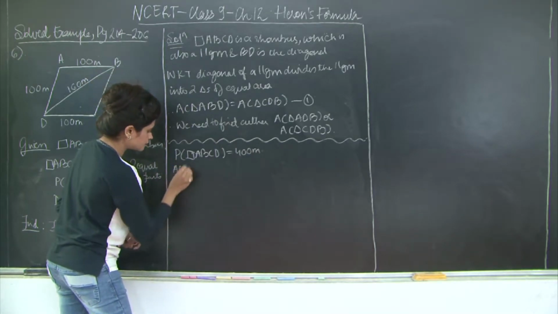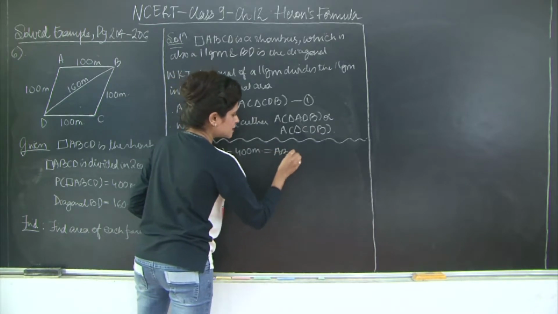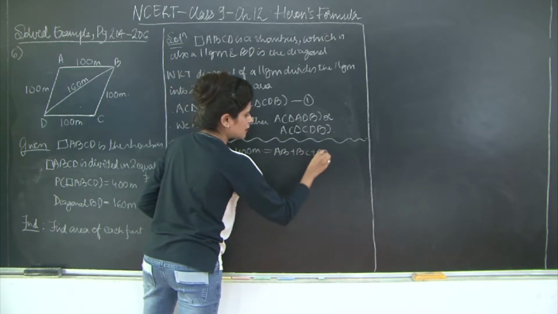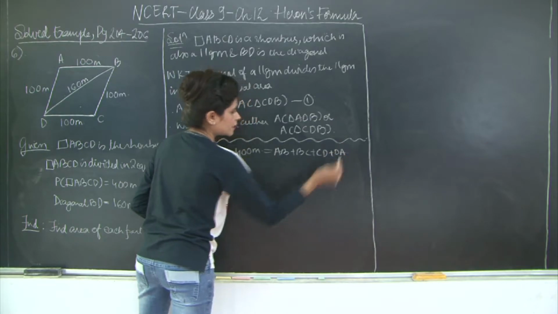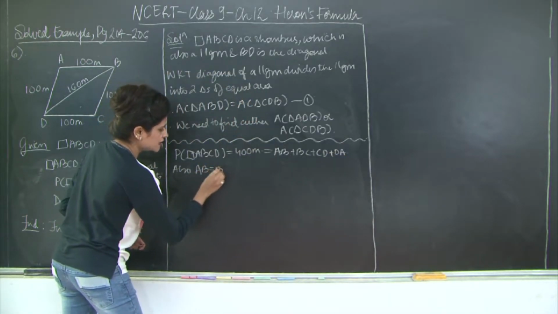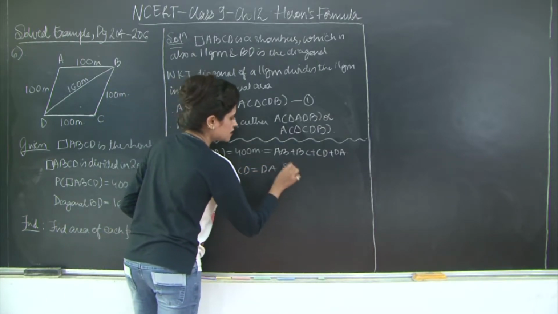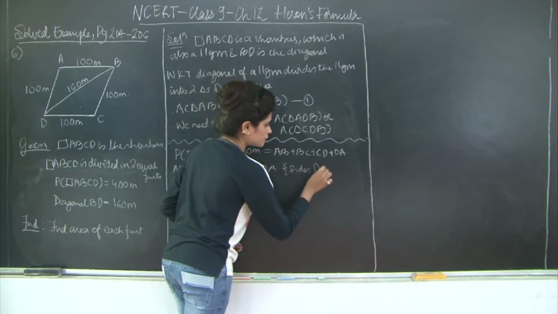Also, this is going to be AB plus BC plus CD plus DA, right? Also we have AB is equal to BC is equal to CD, which is equal to DA. Why? Because they are the sides of rhombus.